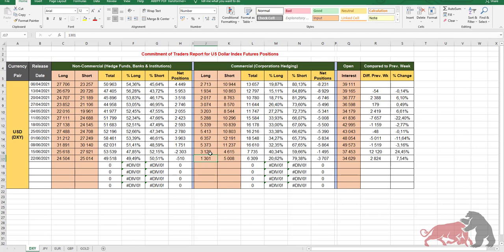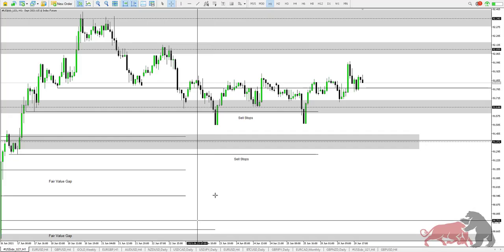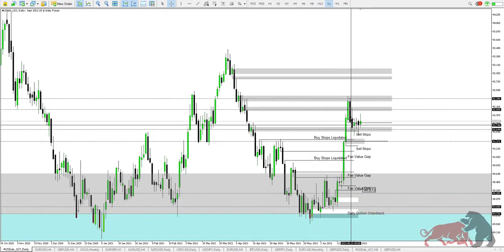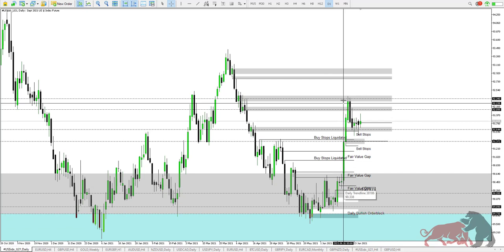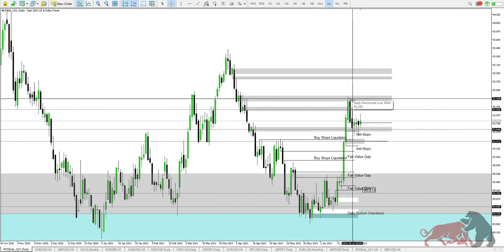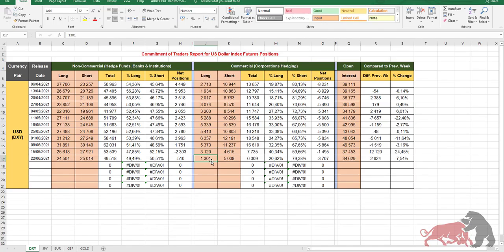Yes, they might have taken off a huge chunk of their long exposure, but when you come to the chart and look at where dollar has traded away from, we had a huge expansion due to FOMC. Of course, this pullback here is where we are seeing the long positions being trimmed and a few short positions being added.